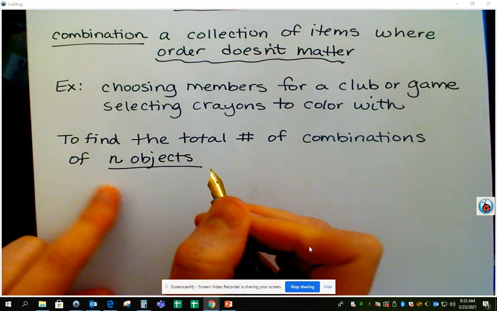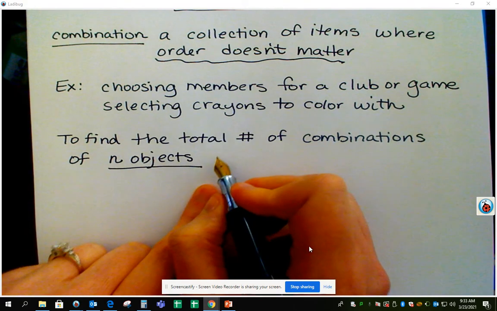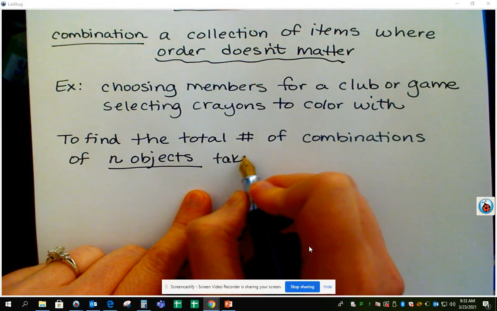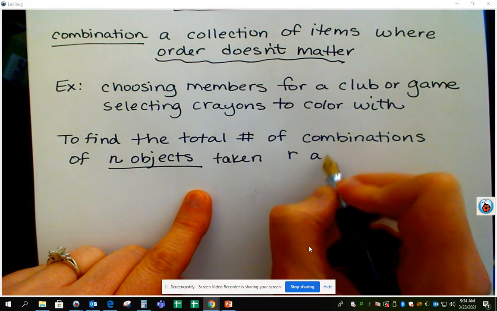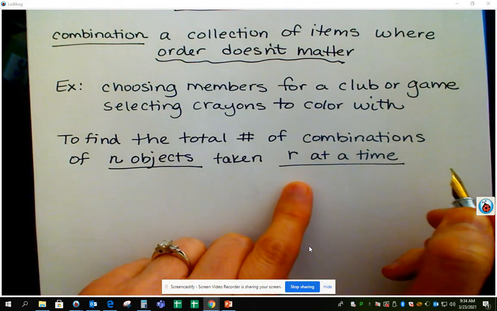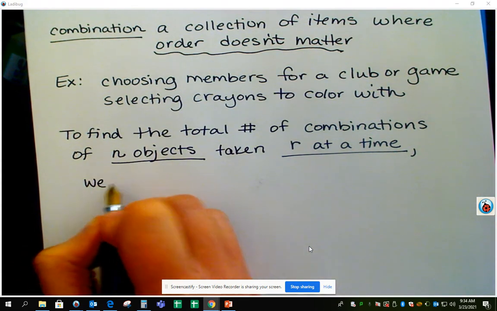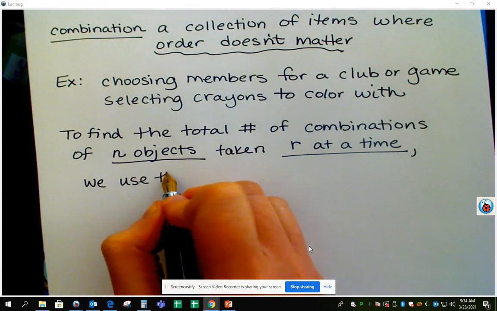It's important that you use the letter n though, because it's going to correspond to our formula. Taken r at a time. So a certain number at a time, which we're calling r for our formula, we use this formula.